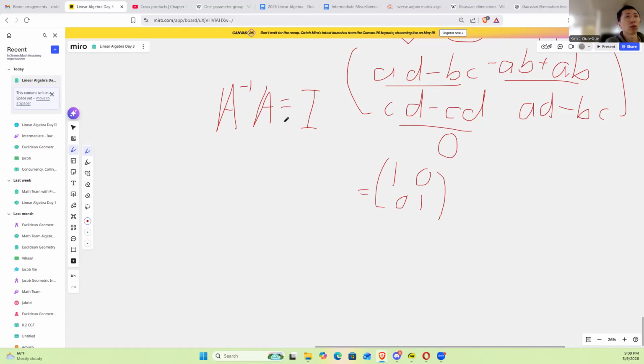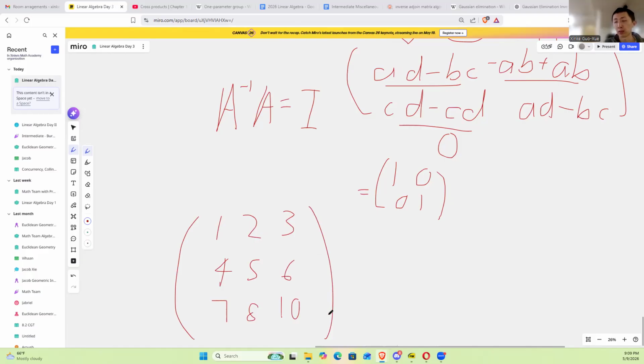So in general, to find the inverse, let's say we have a 3 by 3. We're going to combine two matrices.